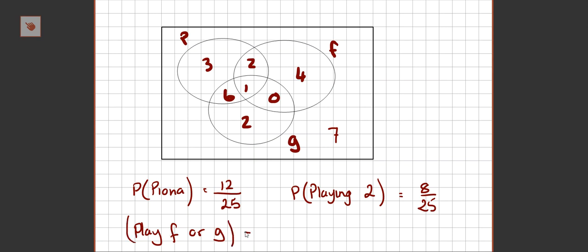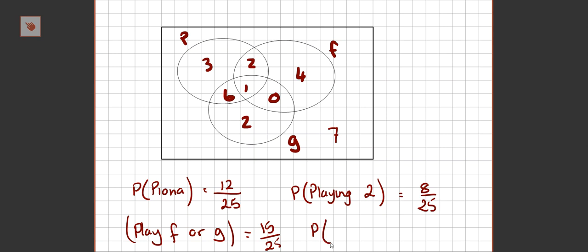So that's 12, 13, 14, 15. Because it's like doing a union, an or, all of them added, right?